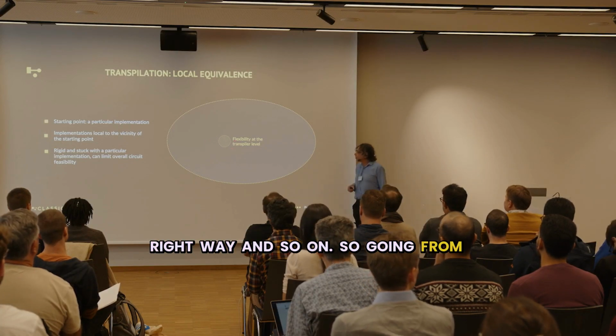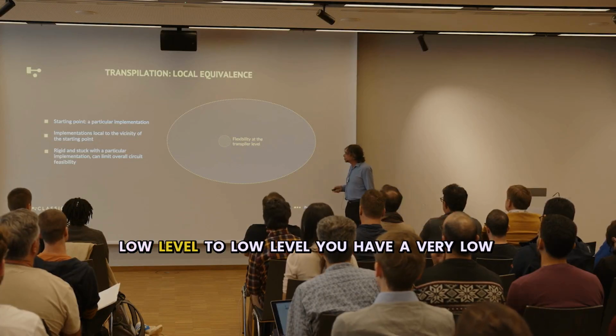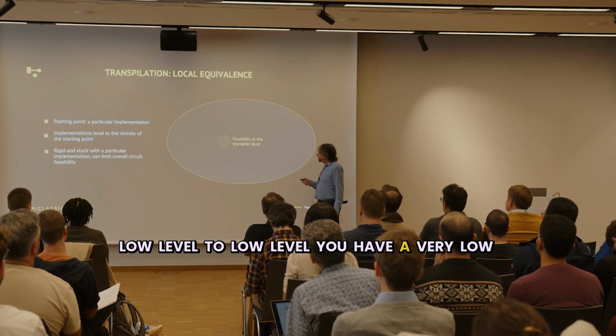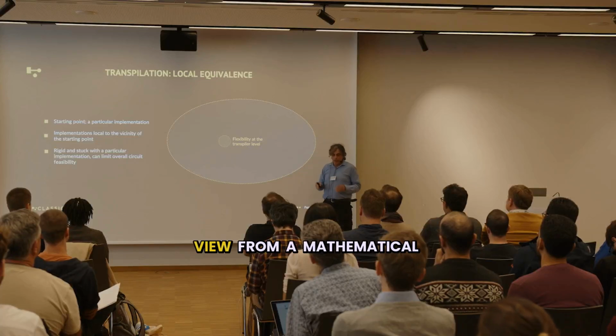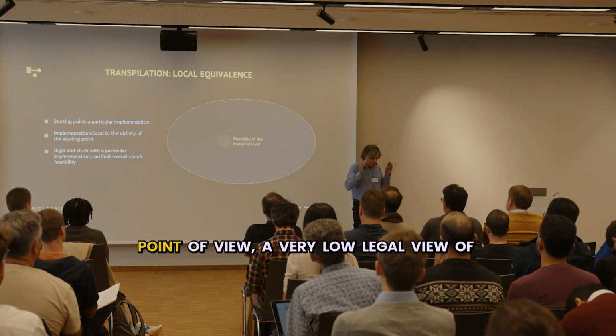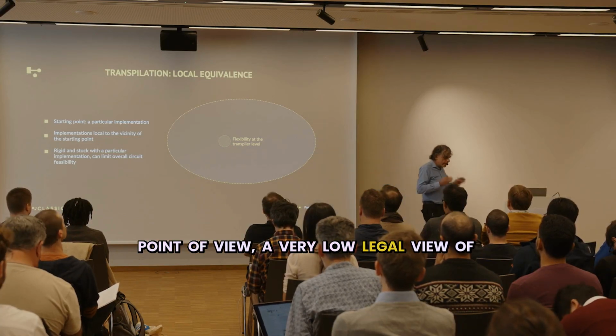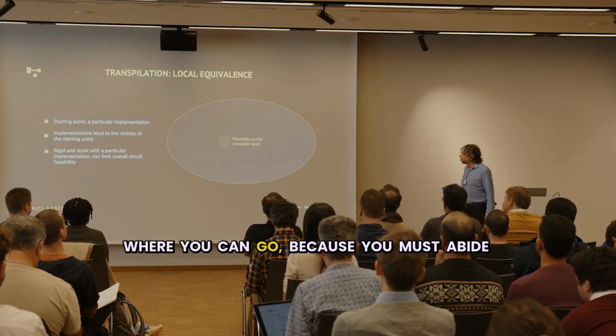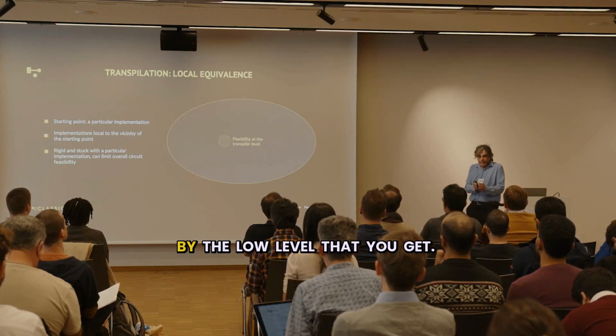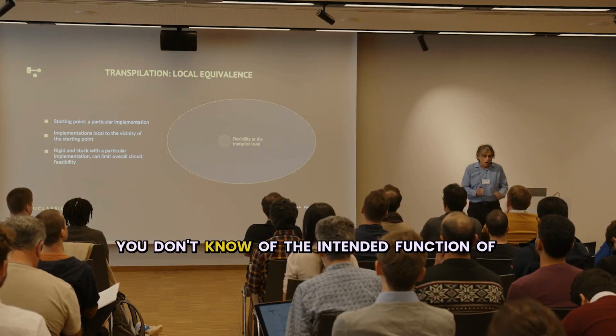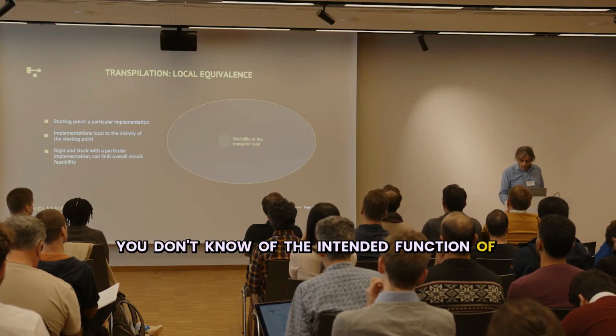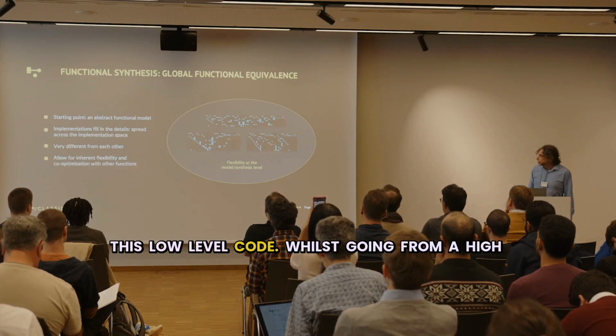So going from low level to low level, you have a very limited view, from a mathematical point of view, of where you can go, because you must abide by the low level that you get. You don't know the intended function of this low level code.